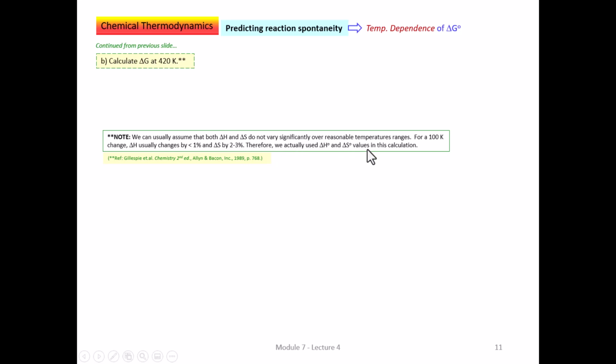So what we hope is that delta H and delta S are not drastically different at 420 K compared to what they are at 298. Well, for about a 100 Kelvin change, delta H usually changes by less than 1% and delta S by 2 to 3%. So therefore, we just use the standard enthalpy changes and standard entropy changes in this calculation.